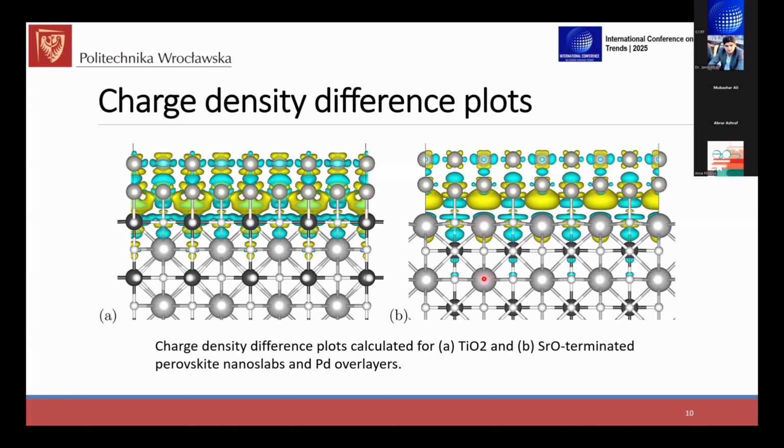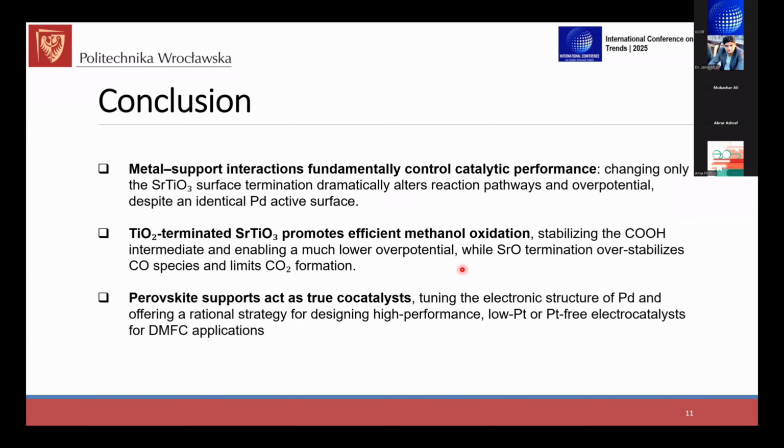So by these charge density plots, we can conclude that the Pd has substantially different polarization and induced electronic potential, which provides a direct explanation for the different adsorption strengths of intermediates and the different catalytic performance observed in these two terminations.